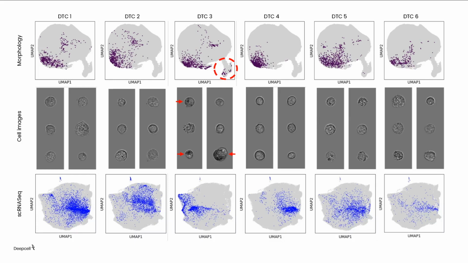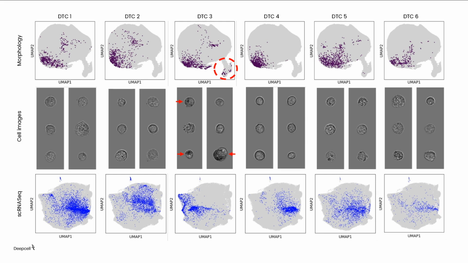And so, here you see the outcome. Again, we have the morphological UMAPs where we can now map the dissociated tumor cells onto it. And you can see here below, in contrast, the single-cell RNA sequencing UMAP. Interestingly, in this third dissociated tumor cell sample, we see the pigmented cells that really come up from our classifier.